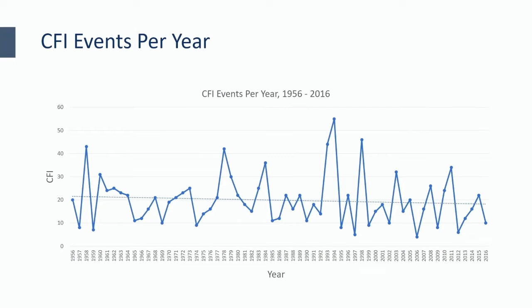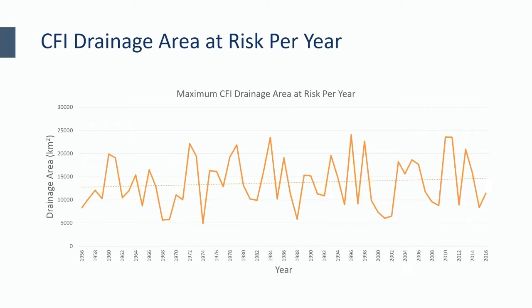Using those CFI totals, we looked at the time series over that 60-year period, and we're able to see that there is some variability here where you have these peaks of occurrence. And yes, while it is showing a slight decrease in the number of these events, the number of CFI events does not directly translate into the amount of area affected, as you'll see in the next slide.